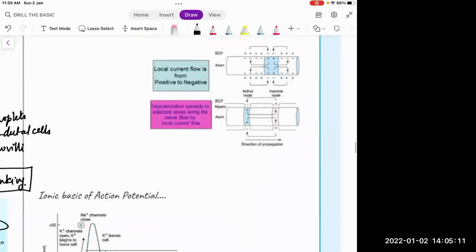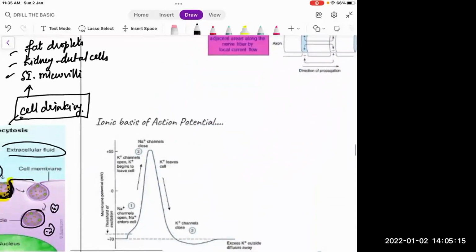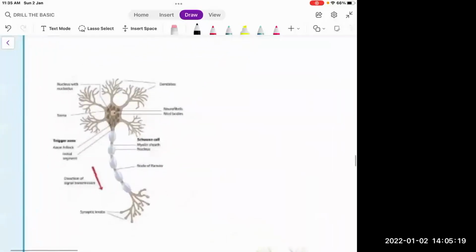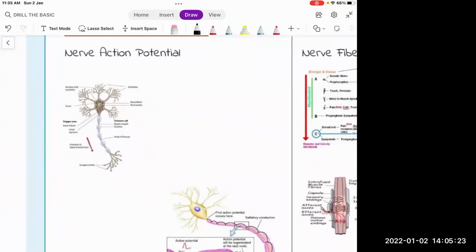So before going into the ionics and the flow of current, we will see the structure of a neuron. When you look into the structure of a neuron, you have the cell body and the dendrites. These dendrites are the short processes. The extensions from the cell body you call processes.